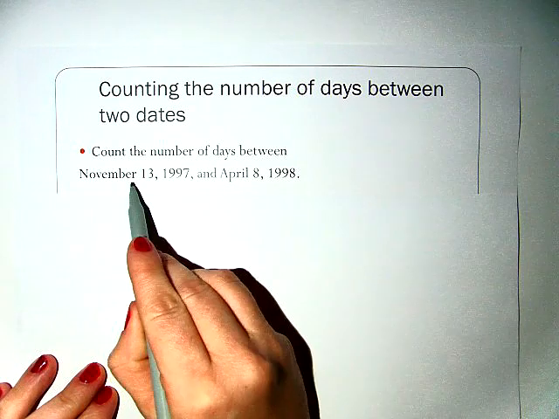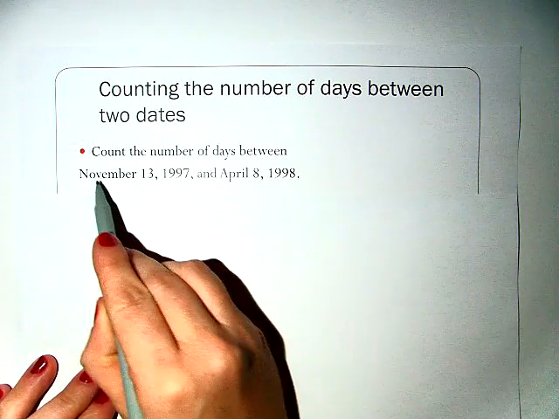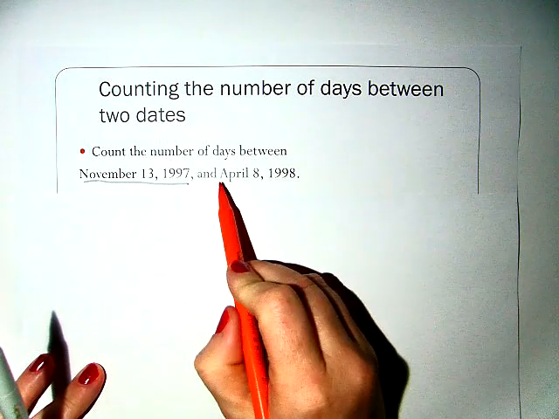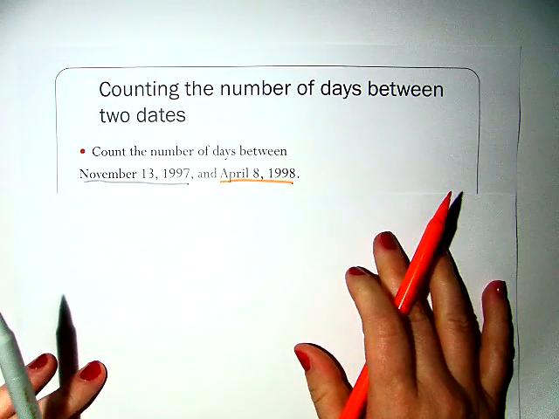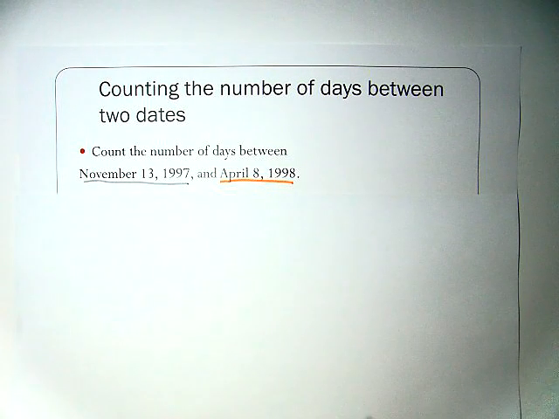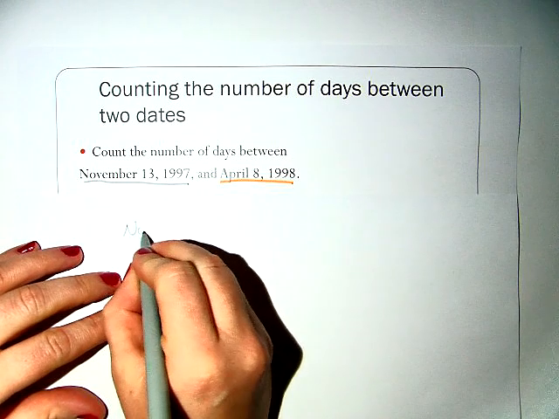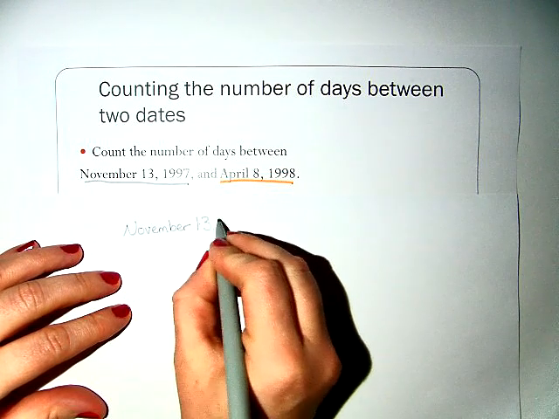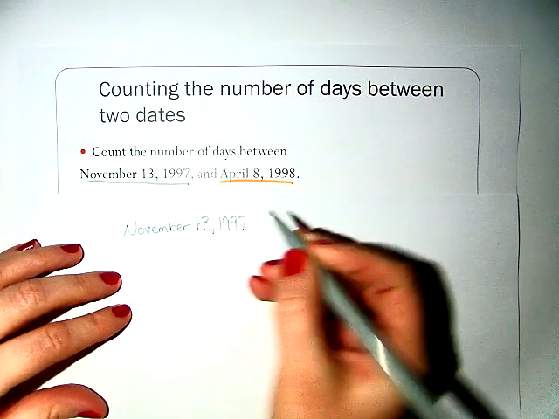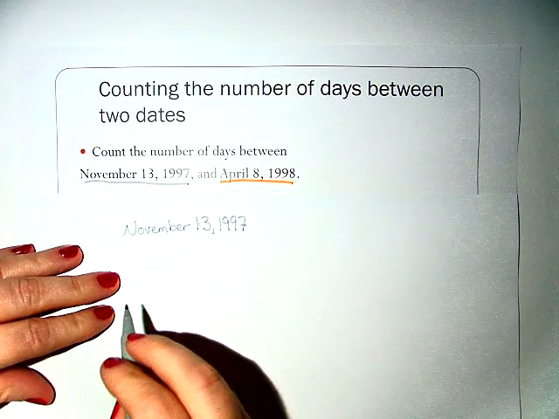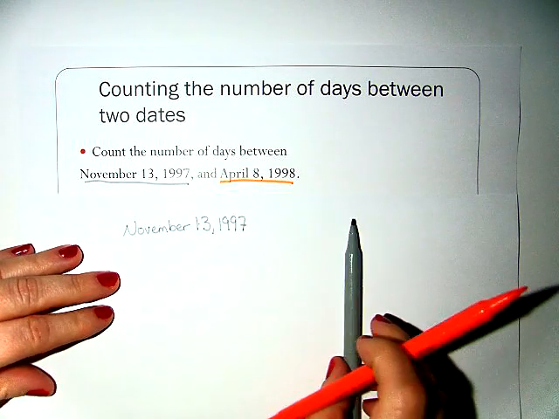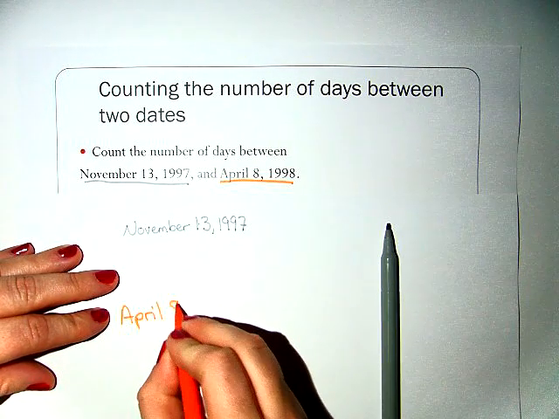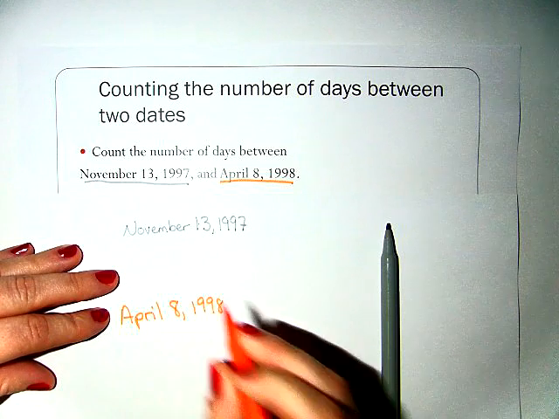Count the number of days between November 13th, 1997, okay, so this is 1997, and April 8th, 1998, so this will be 1998. So if we look at this, November 13th, 1997. In order to go between two different years, you have to go from here all the way to April 8th.